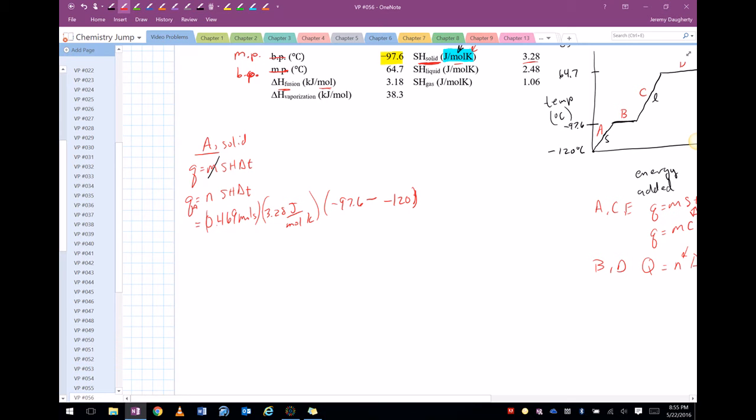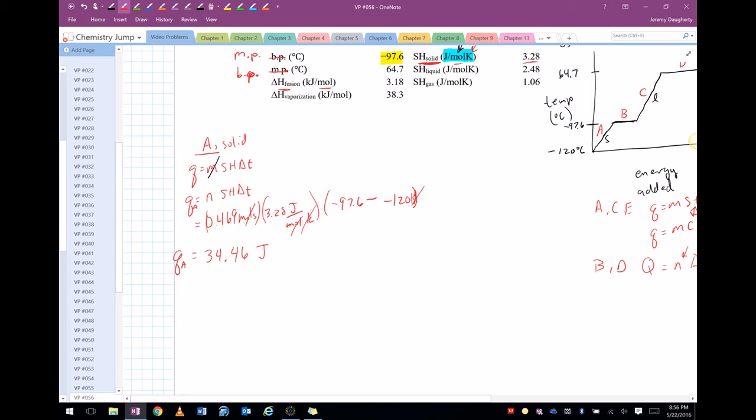We got 0.469 times 3.28 times negative 97.6 minus negative 120, and I get a value of 34.46. All right, now let's look at units. Moles cancel out. Delta T Celsius, delta T Kelvin, same thing. So this is actually Kelvin. Kelvin cancels out, so we end up with the units of joules. All right, so Q sub A is 34.46 joules.